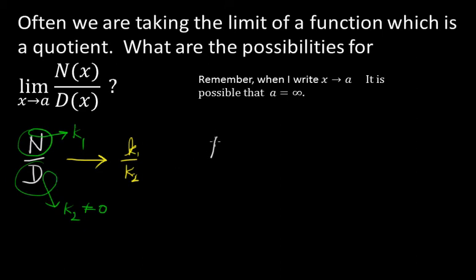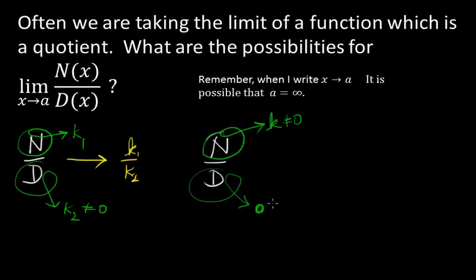Another possibility would be that the numerator approaches a constant. Maybe the numerator, as x approaches a, is approaching a constant, which is not 0. And the denominator is approaching 0. Well, if the numerator is approaching a constant, like 3, and the denominator is shrinking, or in fact, think of it this way.